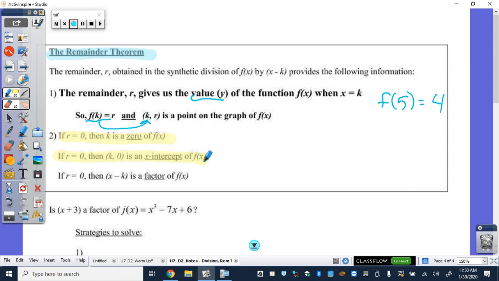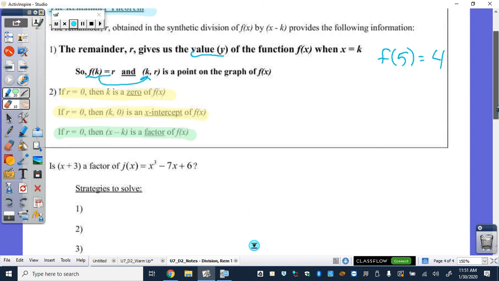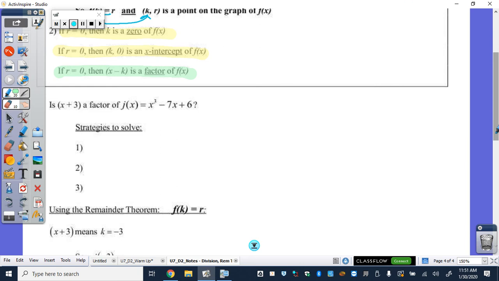The point, that number comma 0, is one of your x-intercepts, which as we know is the same thing as a 0. And the last part is that a remainder of 0 means x minus k, whatever that number was, is a factor of the polynomial itself. So there are 3 things that we can learn if we end up having a remainder of 0.